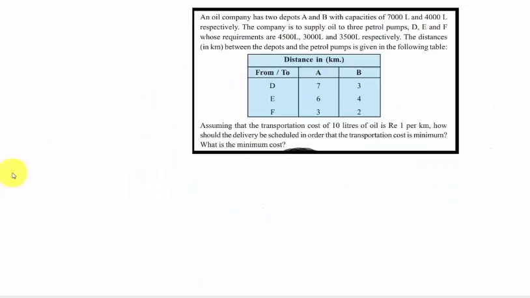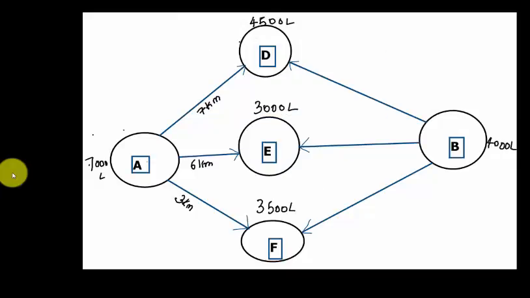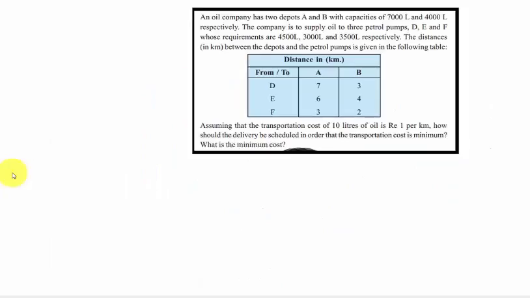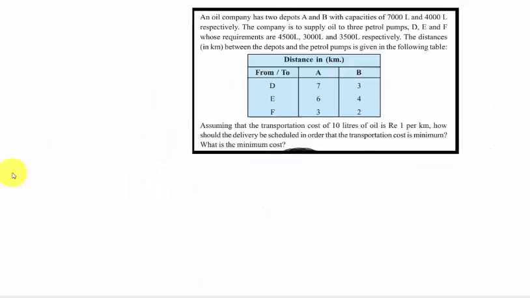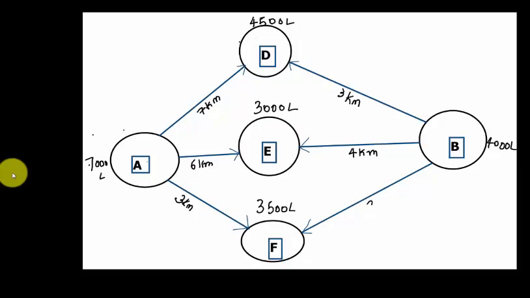Now the distance from B to D is 3 kilometers, then B to E is 4 kilometers, and from B to F, that's 2 kilometers.